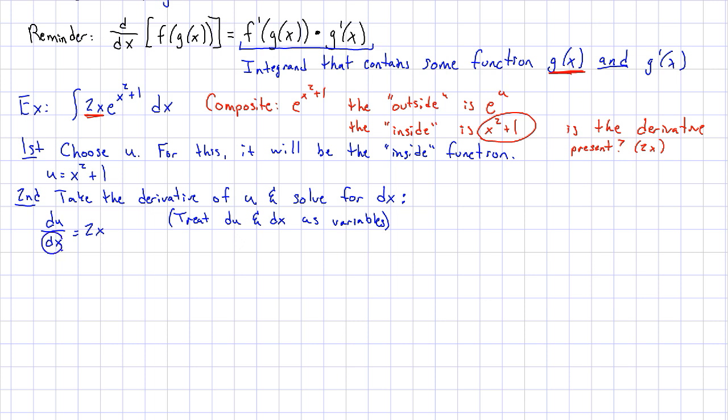So I would multiply dx over to the right-hand side. I'd have du equals 2x dx. Then in order to isolate dx, I need to move the 2x over and divide. So I have du over 2x equals dx. That is my second step.